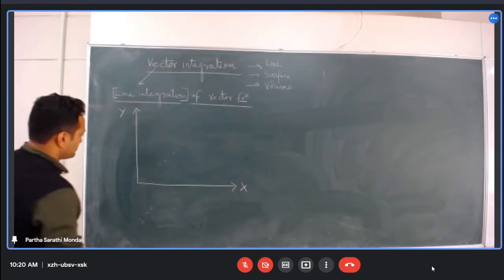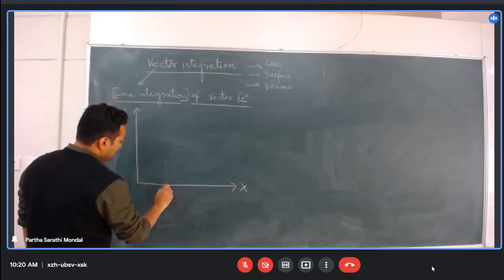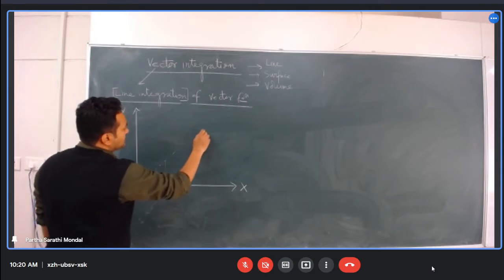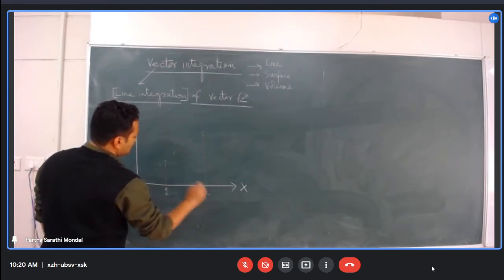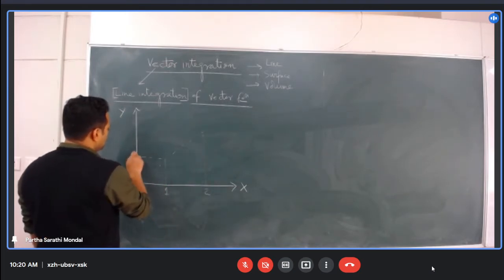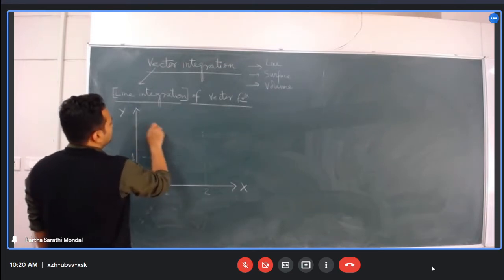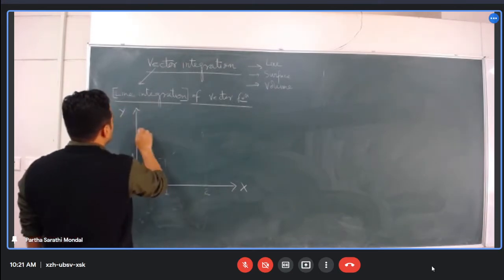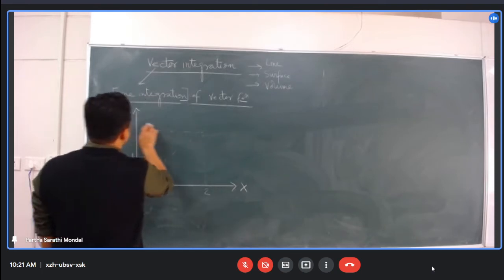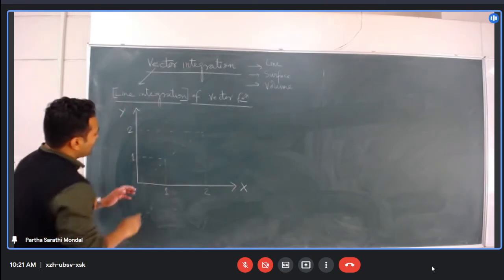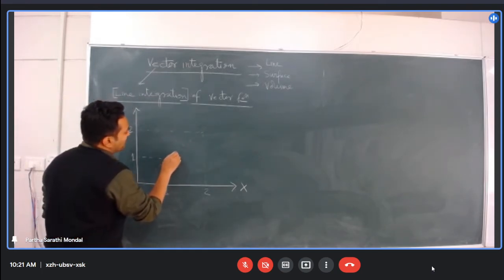Going through each one. So let's say this is 1, this is 2, let's say this is 1, let's say this is 2. Okay, so now what I'm trying to say, let's say this is the path.